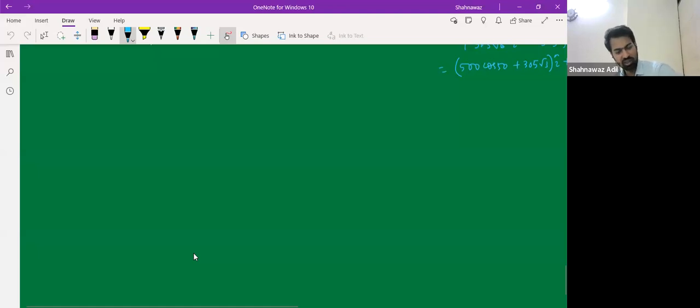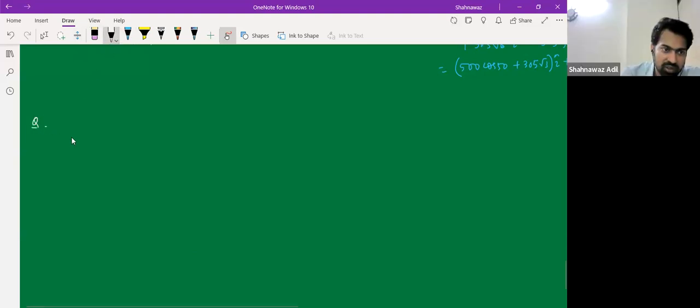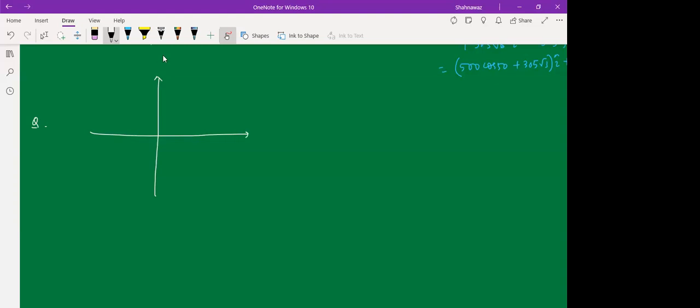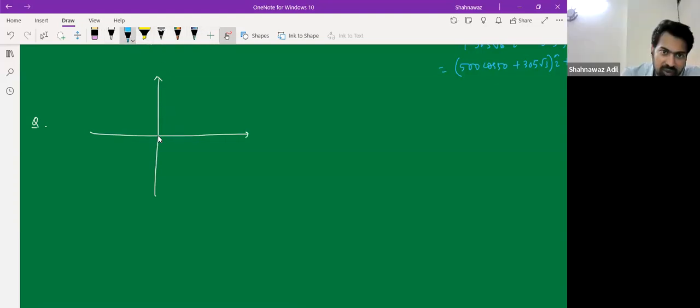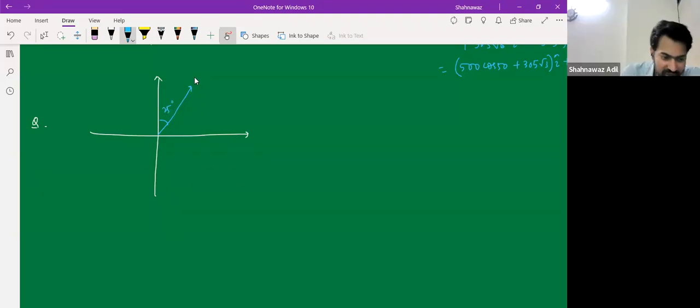Okay. So this was the second question. 3 radian per second, angular velocity vectors. One vector was this, 25. Why are they giving us these kinds of parameters? Because we don't know the value of these.